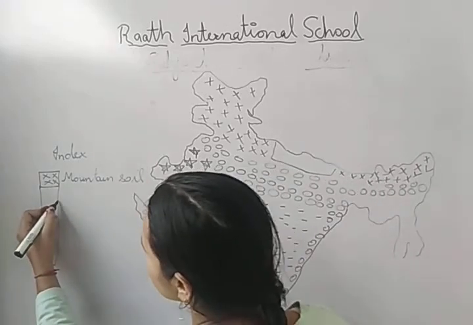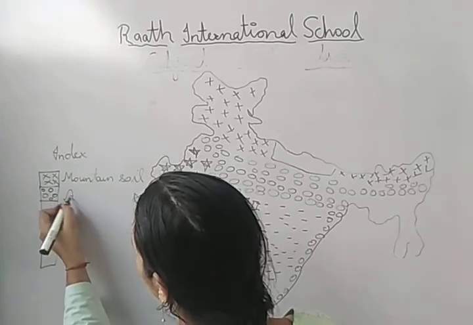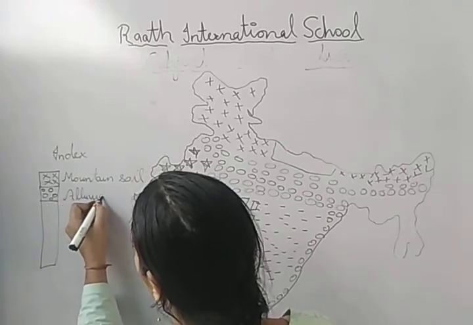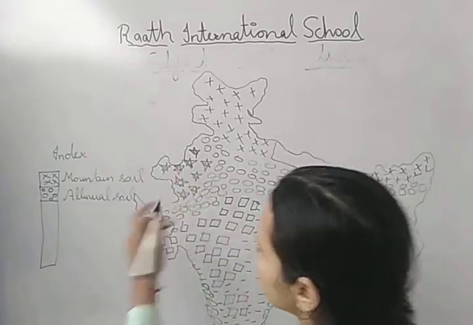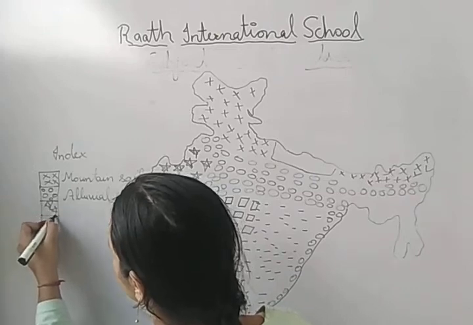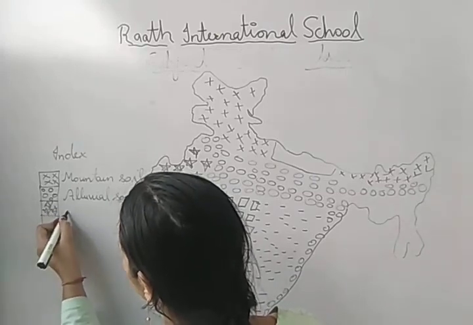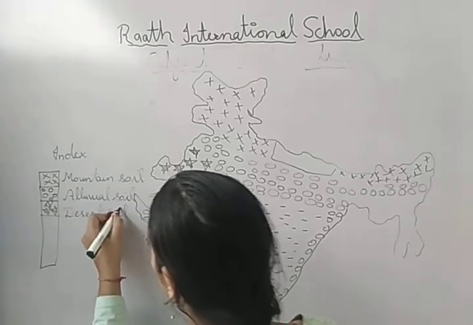After that, second is small circles, that is used for alluvial soil. After that, these stars. These stars are used for desert soil.